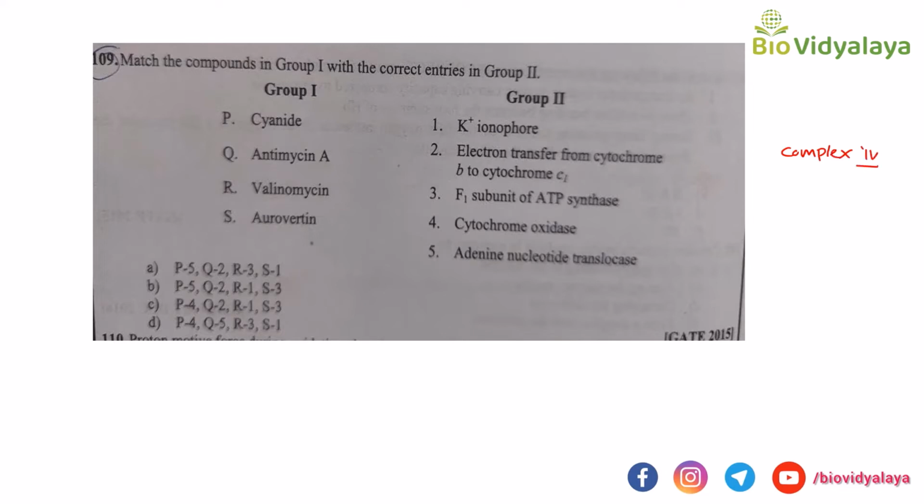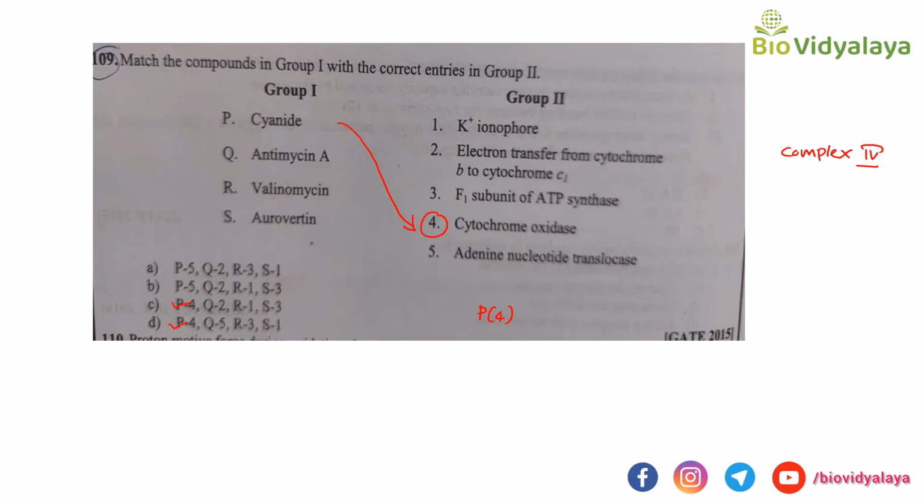It will inhibit transport of electron from complex 4 to oxygen. Another name of complex 4 is cytochrome oxidase. So let's see group 2. Here cytochrome oxidase is there, so cyanide, cytochrome oxidase, so P4. So let's see the option. Here P4 is here and here.